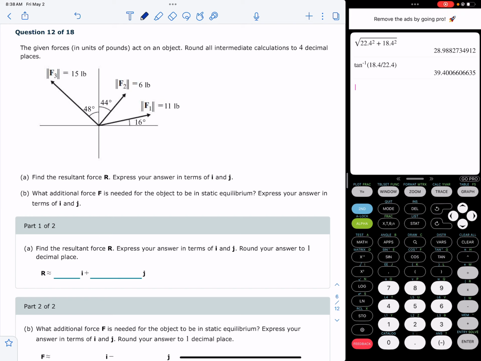Okay, so here we have 3 vectors, but we don't have them in i plus j form. We just have the information about them, the angle and the force. So we're going to have to do that for all of these. For force 1, our components would be 11 cosine 16 and 11 sine of 16.